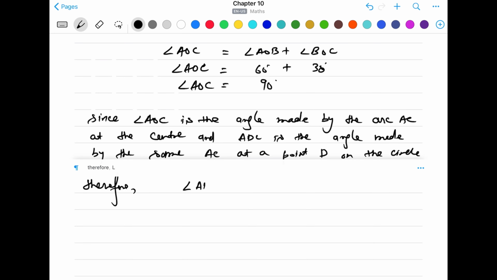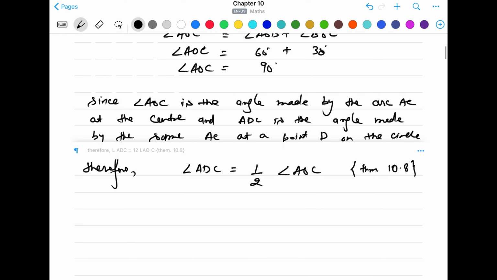the value of angle ADC will be half of the value of angle AOC. Okay, this is by theorem 10.8, which says the angle at the center will be double the angle made by the same arc at any given point on the circle.